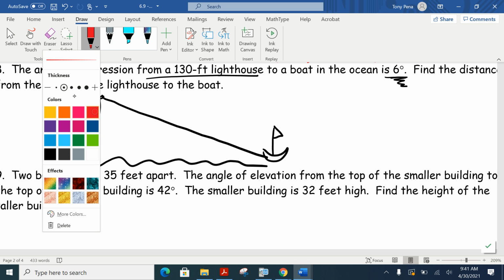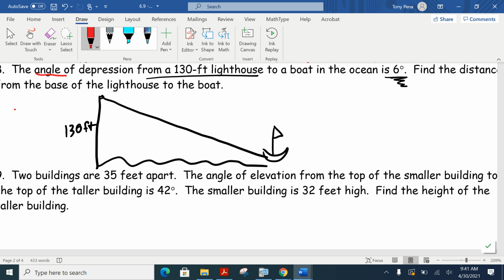What you just want to be careful of is when we identify this angle of depression, when we talked about this yesterday, it's always like if you're standing up here, if this is a person looking at the boat, if they're looking straight out, the angle of depression is from where you would normally look straight out to the angle you're looking down at. So this angle right here is the one that you would assign that 6 degrees.